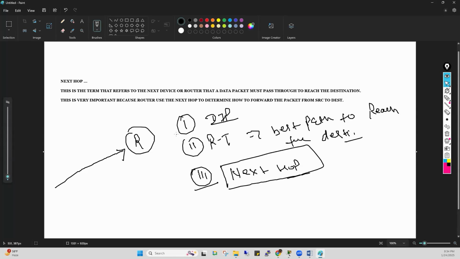For example, according to the routing table, if the router finds that to reach this destination, this is the next stop.